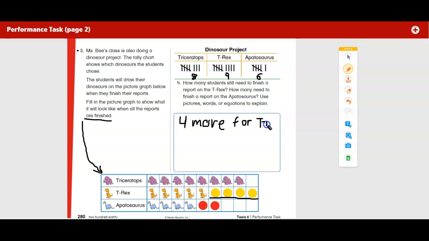Or on your paper, if you just have 4 T-Rex, something to show me the number 4, you are counting for T-Rex. And for the Apatosaurus, we had to add 2 more. And for this, I am just going to put a capital A because I do not want to spell out Apatosaurus again with my writing tool.